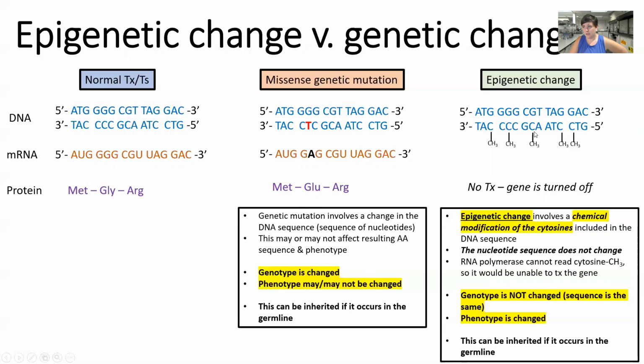Again, we didn't change the sequence. We chemically modified it, but it didn't change the sequence, and that did change the phenotype. Both of these can be inherited if they occur in the germline. Not necessarily going to affect anything if it occurs in somatic cells, as we'll talk about. Or at least it's not heritable if it occurs in somatic cells.